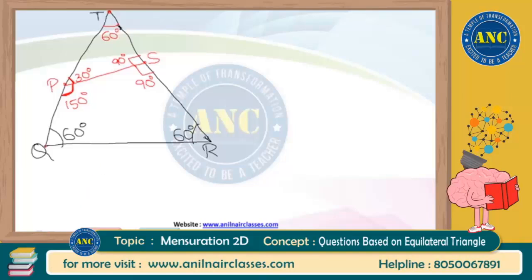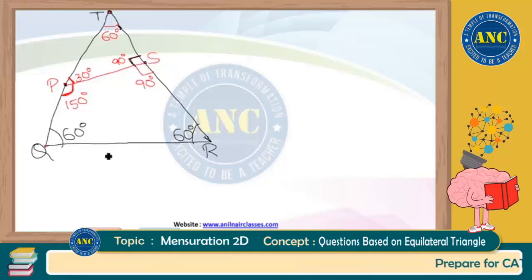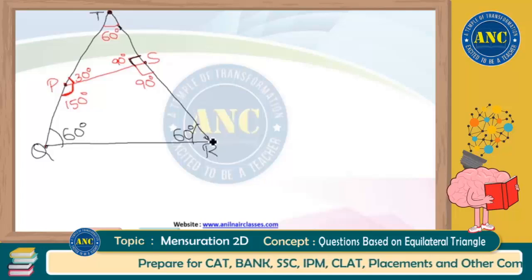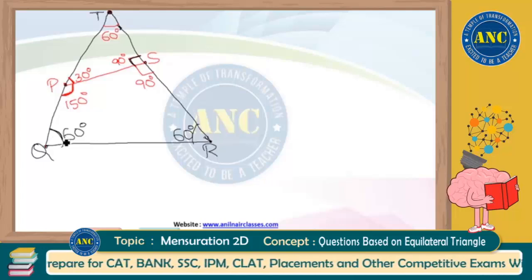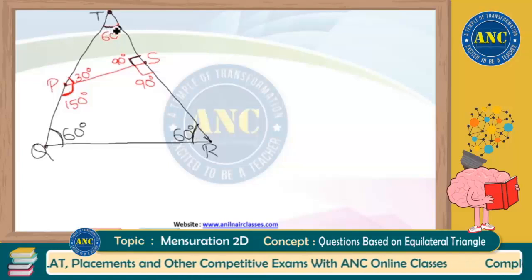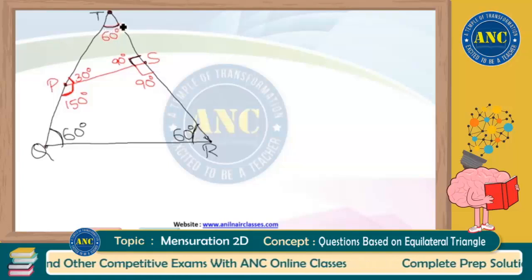That means our conclusion here is that triangle TPS is a right angled triangle, but more importantly, I can also say that triangle TQR is an equilateral triangle, because this is 60 degrees, this is 60 degrees, this also is 60. All the three angles are equal.